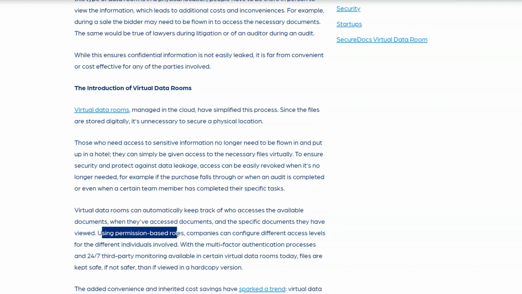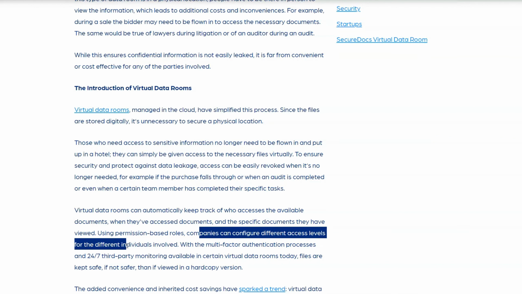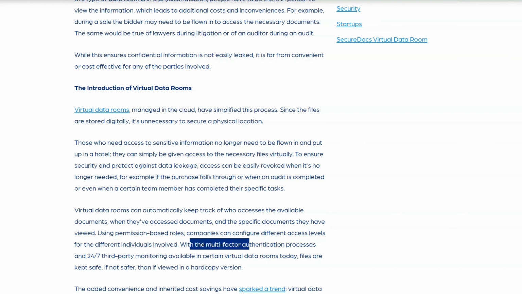Using permission-based rules, companies can configure different access levels for the different individuals involved. With multi-factor authentication and 24/7 third-party monitoring available in virtual data rooms today, files are kept as safe, if not safer, than if viewed in a hard copy version.